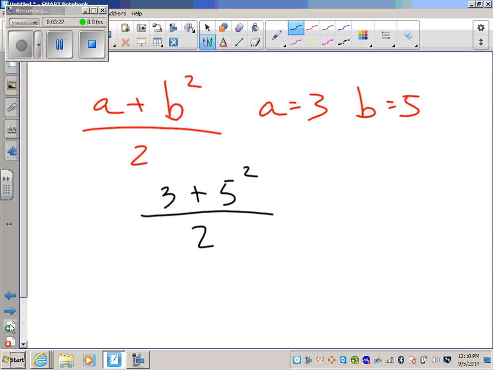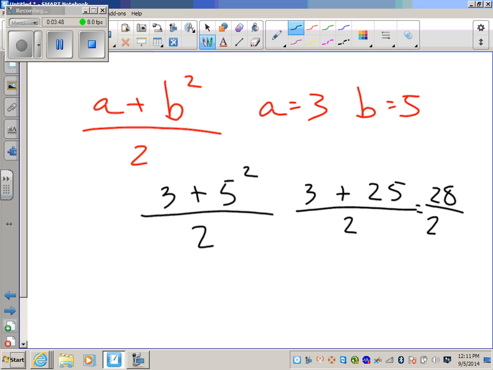I can't divide by 2 unless I know what's actually being divided by 2. So to simplify everything on top, get one value, which in this case is going to be 28. Now I can divide the 28 by 2 to get 14.